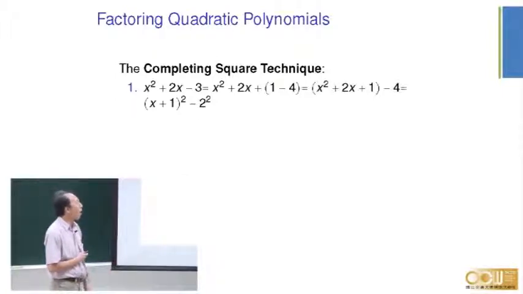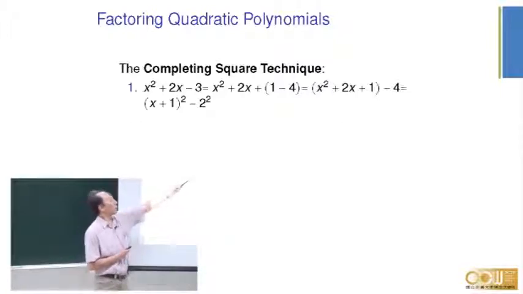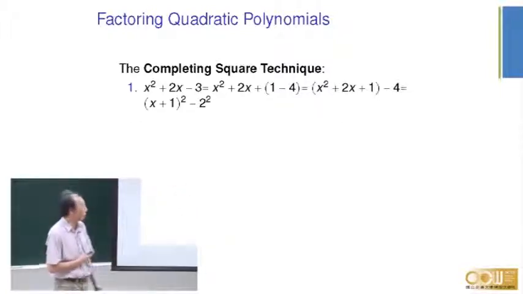Okay, now the first term inside the parentheses becomes a perfect square form, and minus 4, I'm going to write it as minus 2 squared, and which becomes this.